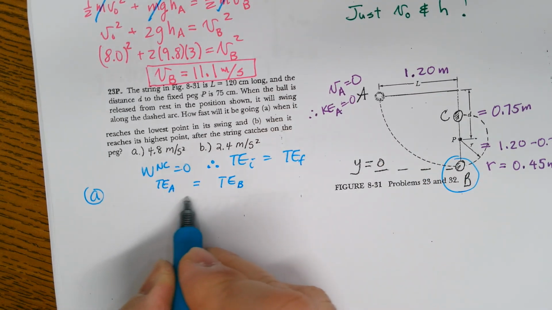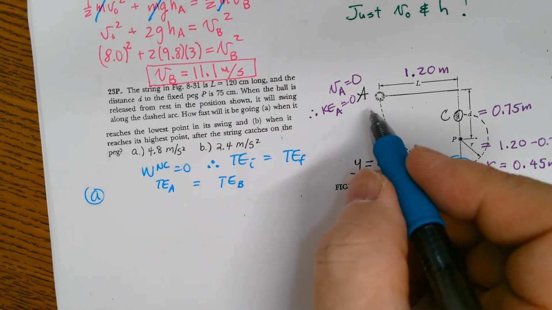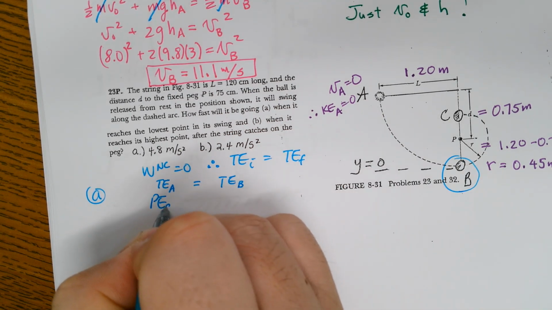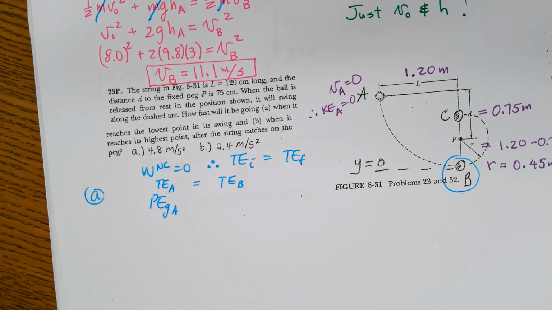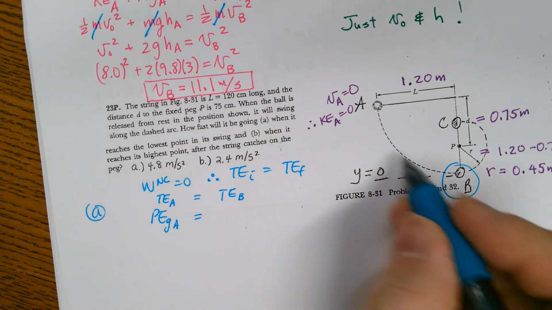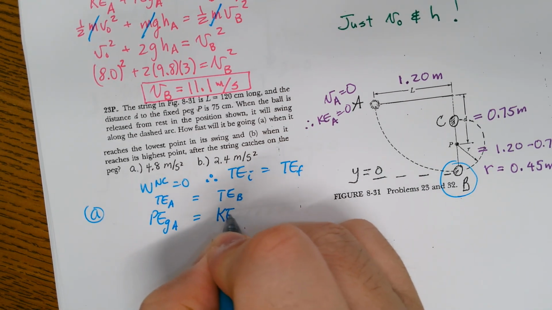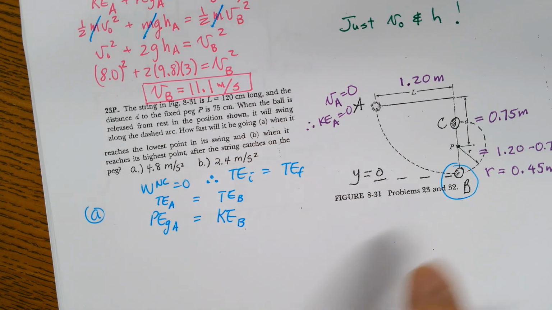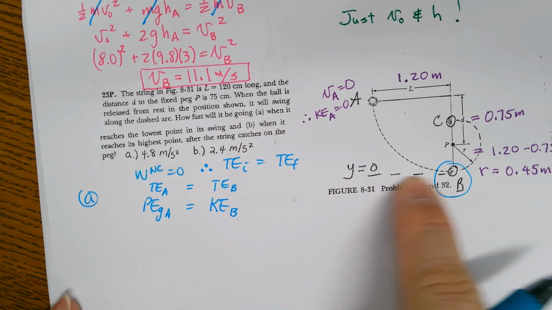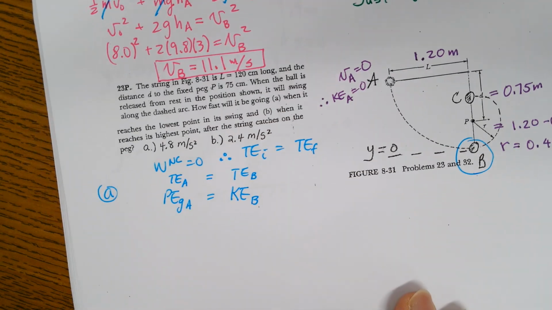I could write down all those three energies here and start canceling them out to zeros, but we only know that gravitational potential energy exists at point A. Okay? And at point B, I only have kinetic energy because there's no spring, first of all, and potential energy at B is 0 because y is 0 at point B.